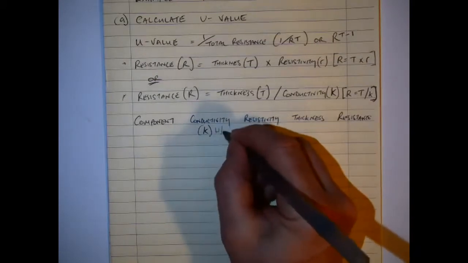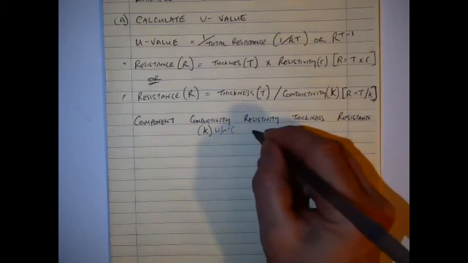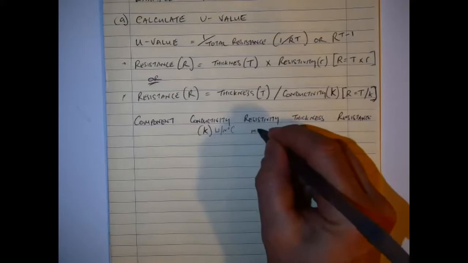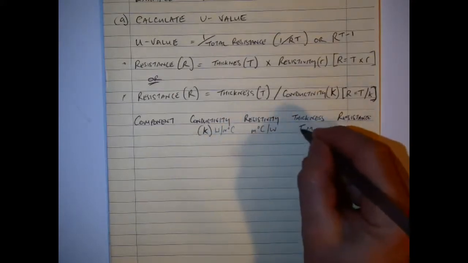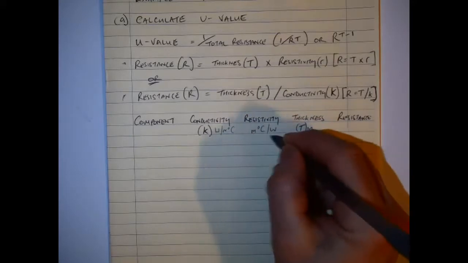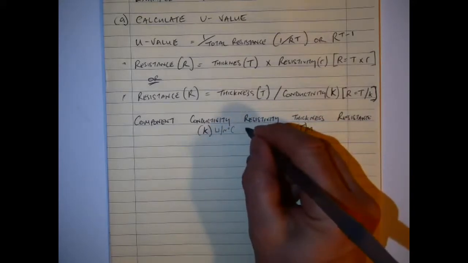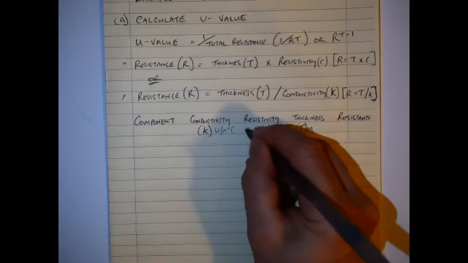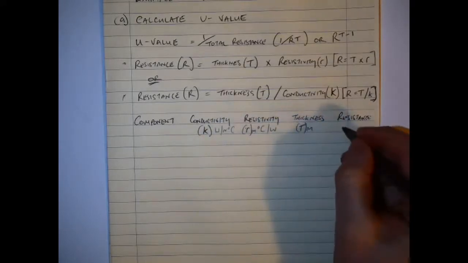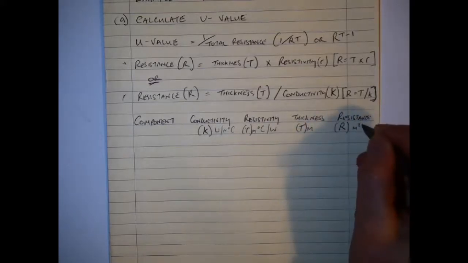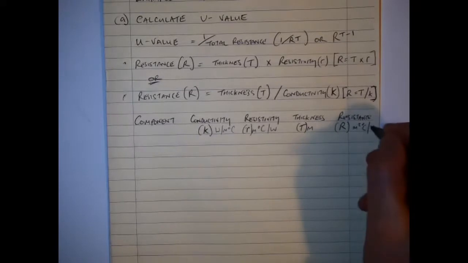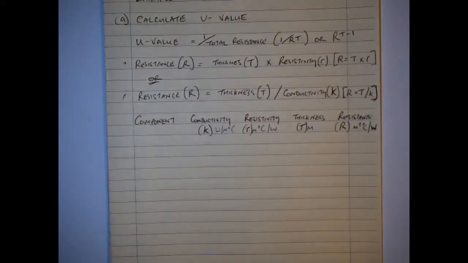K is our conductivity, in watts per meter degrees centigrade. Our resistivity is the small r in the question. Our thickness, T, is in meters. And our resistance is the big R, which is meter squared degrees centigrade per watt. You don't need to panic too much about these units, so long as you have the figures.